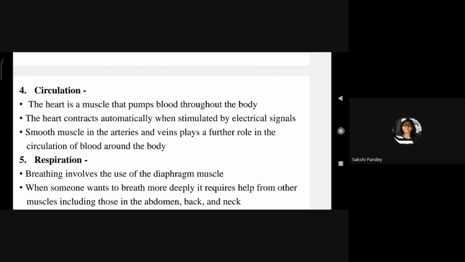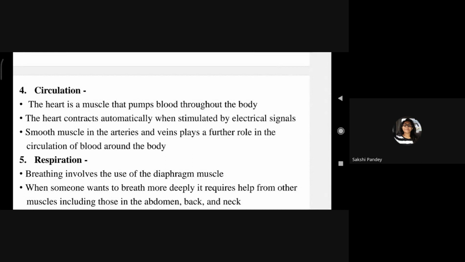So the main thing is the pump of our body, the pumping organ. The heart is made up fully of muscles, no bone, nothing else, only muscles. That heart is made up of special cardiac muscles which pump throughout life, and the arteries and veins, means all the blood vessels, are getting the blood, and they are supplying the blood throughout the body with the help of muscle force only.